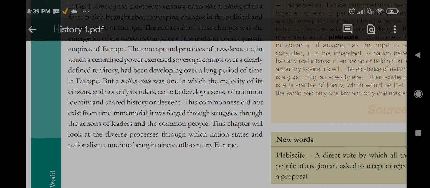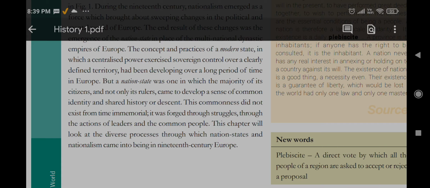Now, why am I telling you about a nation state? Because earlier, the ruler used to fight, and then he won a specific territory, and then he used to combine it with the rest of his territories. So the people in one particular territory were all mixed up. They didn't have a shared culture.